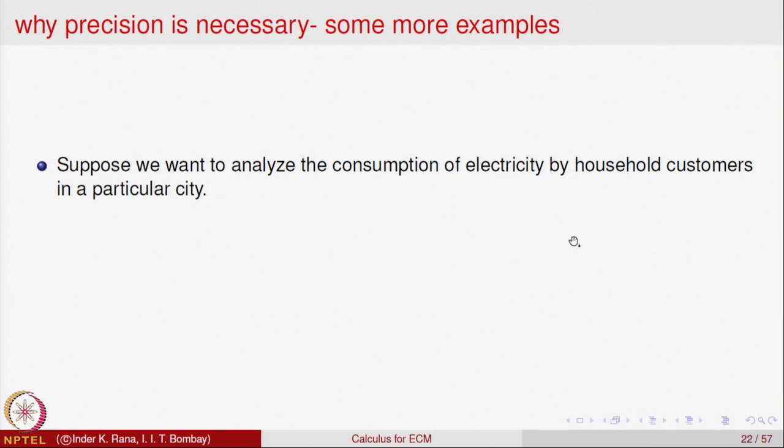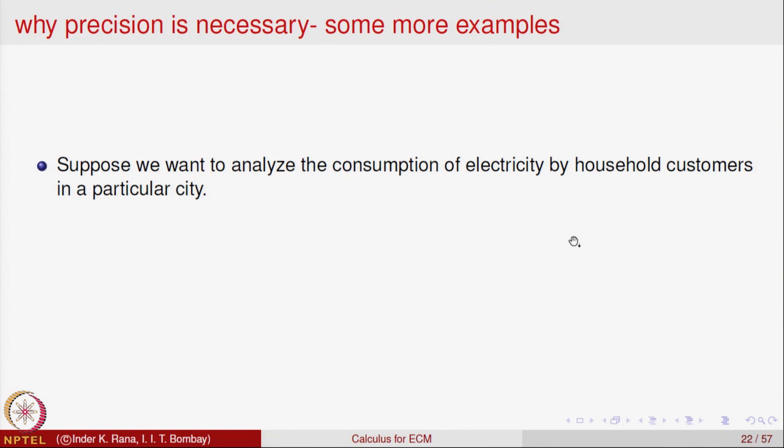For example, if you want to analyze the consumption of electricity by household customers in a particular city, you want to analyze how much electricity is being consumed by household customers in that city. Of course, for a particular city, we first have to define what a city is. That probably does not cause much of a problem, because a city means a well defined boundary as per the municipal corporation of that city, or the electricity department.